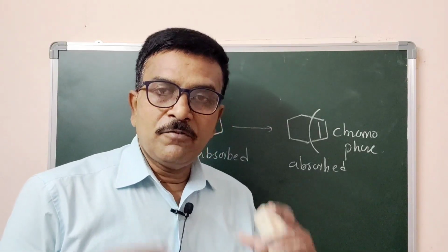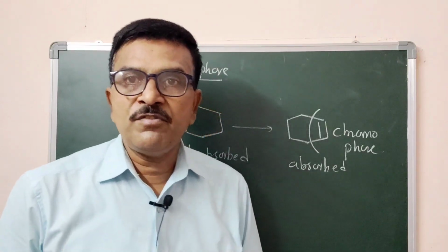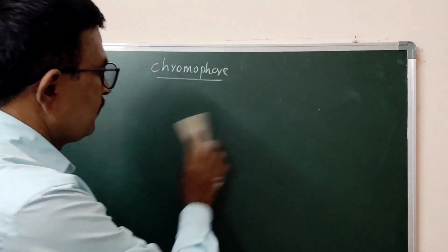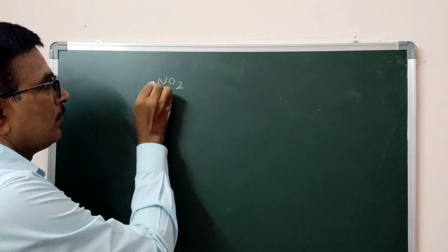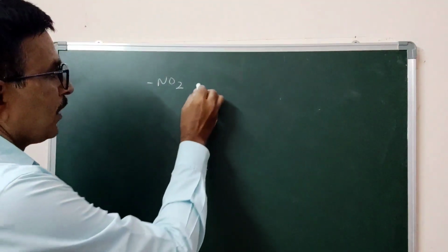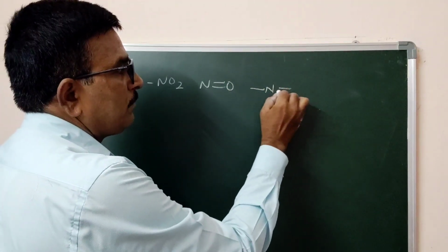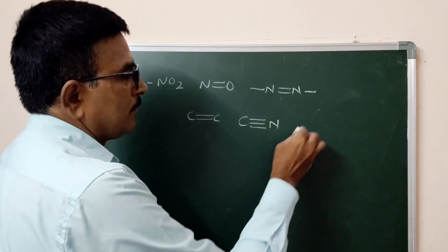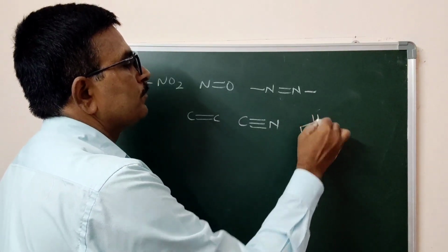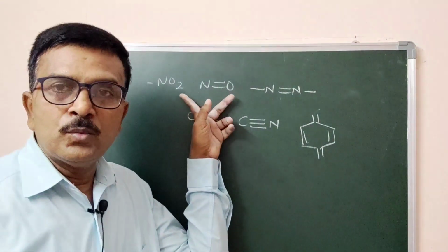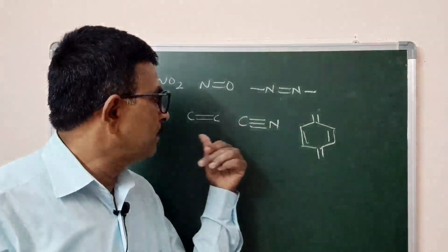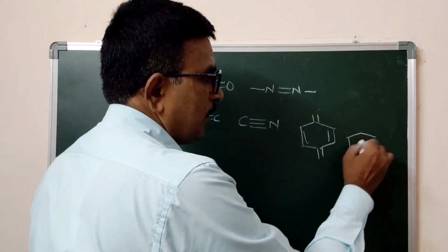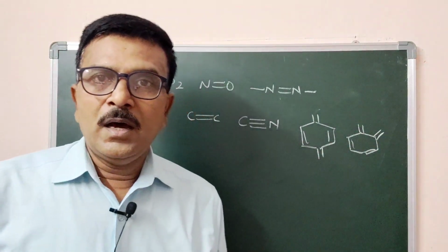Is it clear? Whatever the part or group which is mainly responsible for absorption of ultraviolet energy is called a chromophore. The chromophoric groups include NO2, NO, N double bond N, C double bond C, C triple bond N, a paraquinonoid system or orthoquinonoid system. All come under chromophore.